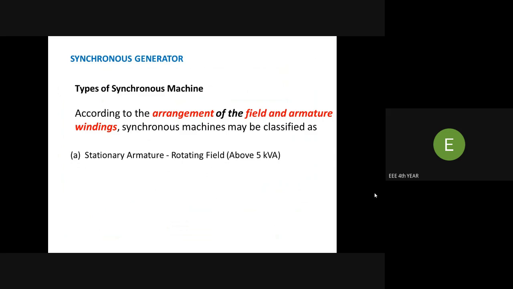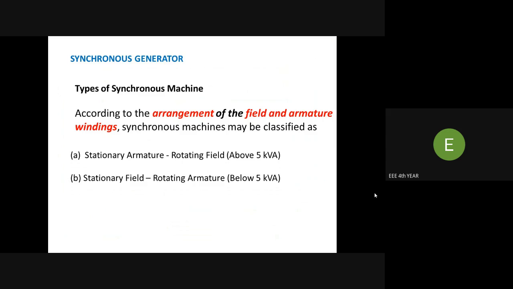The second type is the stationary field system and rotating armature system. It is only applicable for synchronous generators below 5 kVA. So based on the rating of the synchronous generator, there are two types: stationary armature and rotating armature.